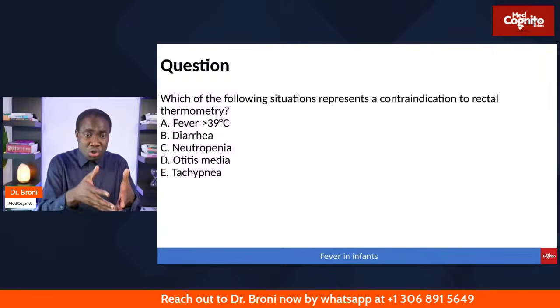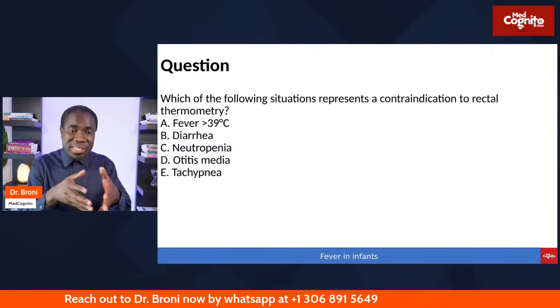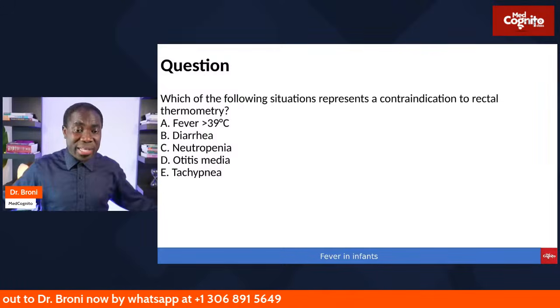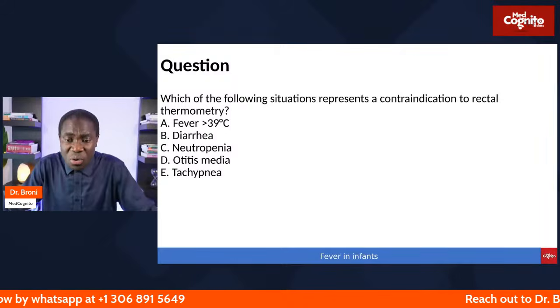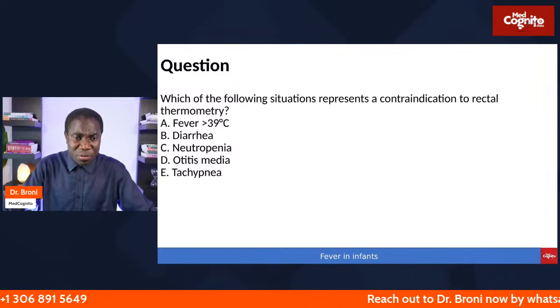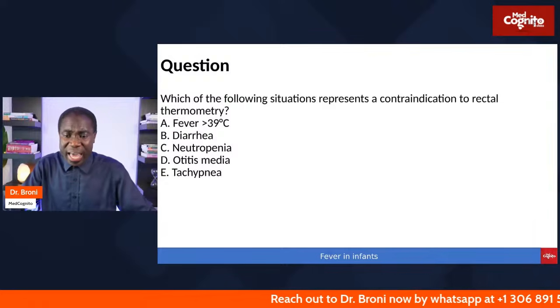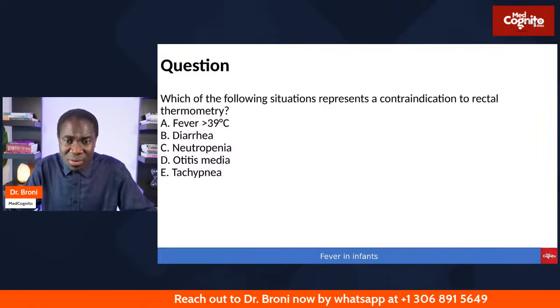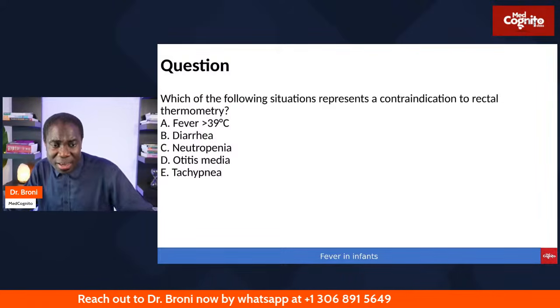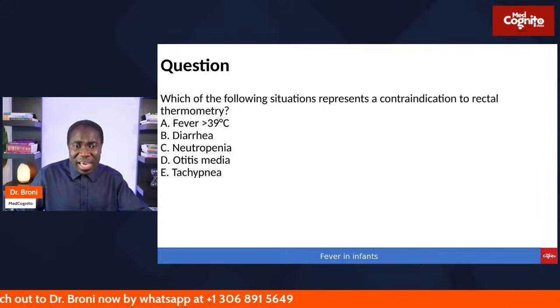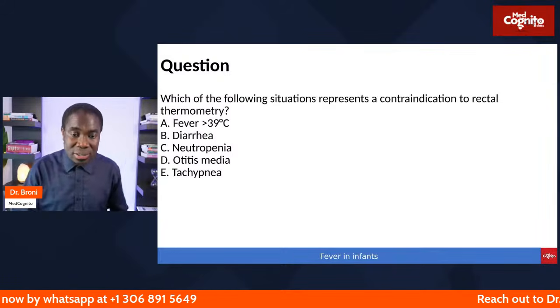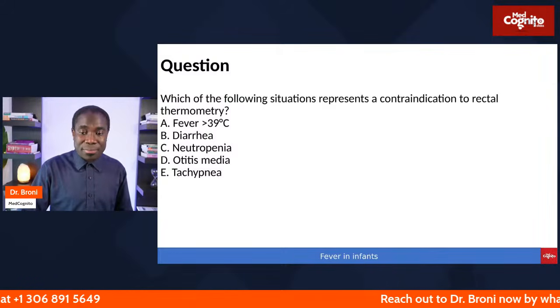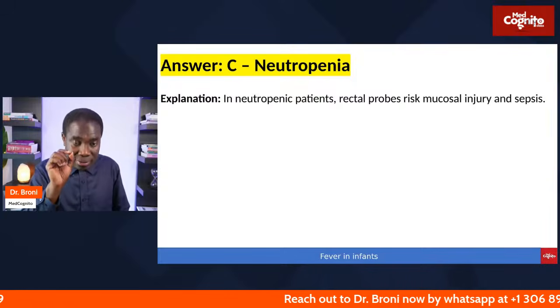Is it neutropenia? Is it otitis media? Or is it tachypnea? What is the correct answer? I see there's a confusion between some of the options. Doctors, the correct answer is C, neutropenia.